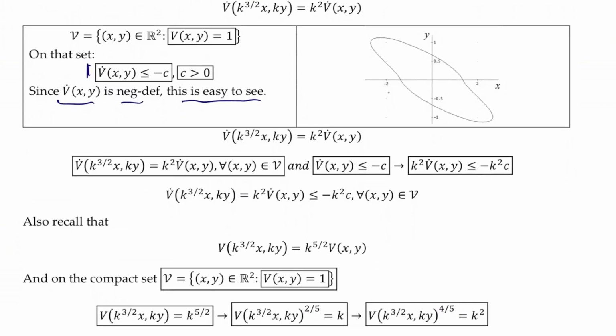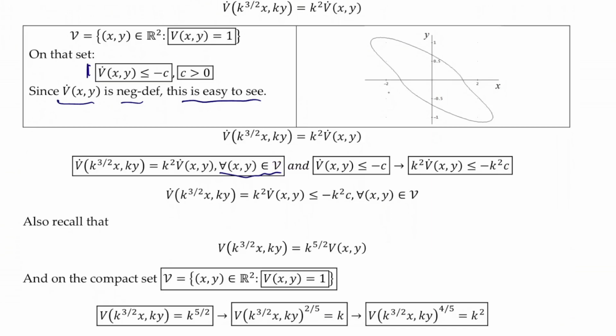And for v dot, again, we use the same weighted homogeneity expression. Let's write that again. We have written nothing new so far, and that is the case on that compact set. I mean, that is the case on all R2 actually, but let's look at this compact set.